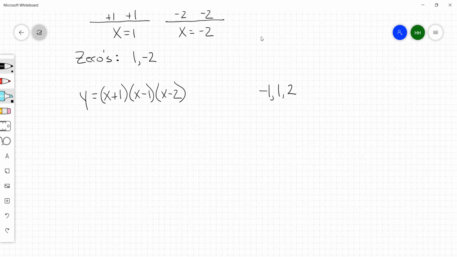And here's why. Because when you set x plus 1 equal to 0, and x minus 1 equal to 0, and x minus 2 equal to 0, and you solve for x in each of these equations, here's your x equals negative 1.